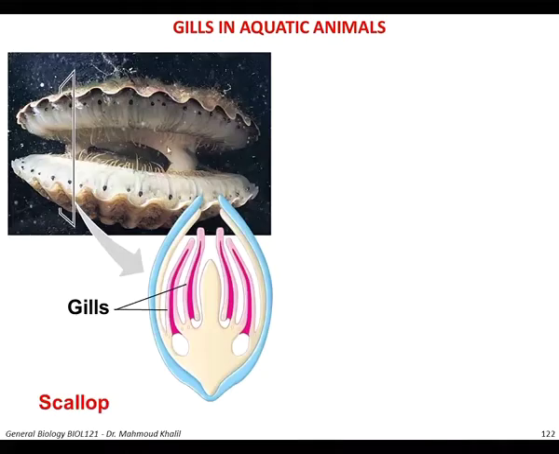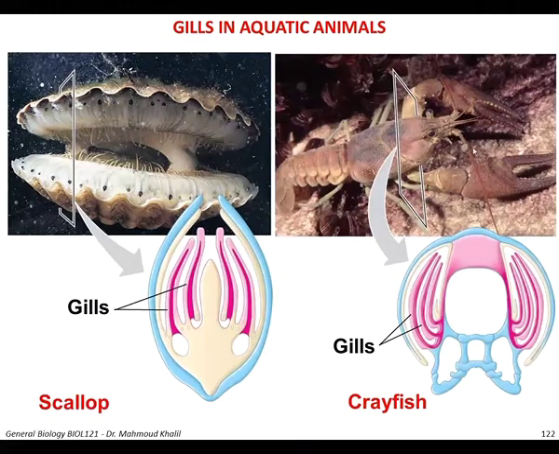While in clams, like the scallop, you can see that gills are only confined to the internal region, as you can see from the figure. While in crayfish, you can see that gills are only confined to the thoracic region. You can see the gills are buried inside the animal at that region.